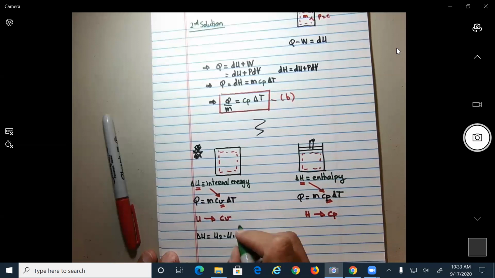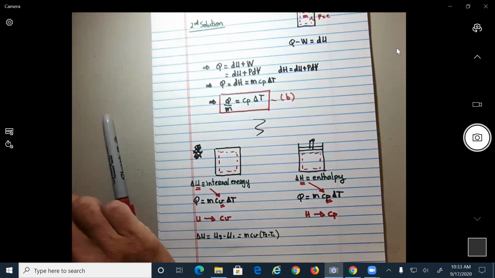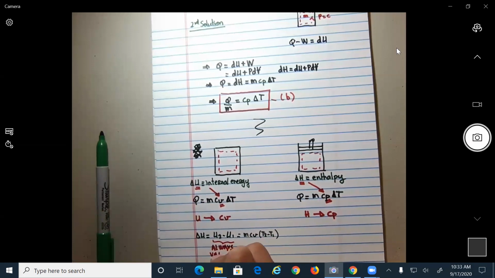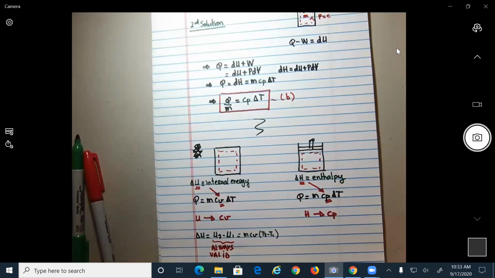And what I'm saying here is equal to m C sub V, T2 minus T1. So here, be careful. This equation here is always valid. Now, what did I do in order to derive this equation here? Let's see half the page. What is the additional equation that I considered?